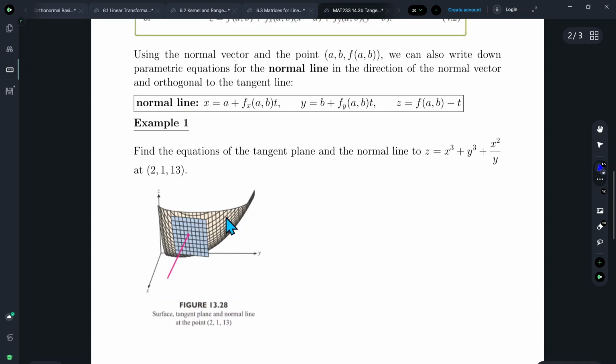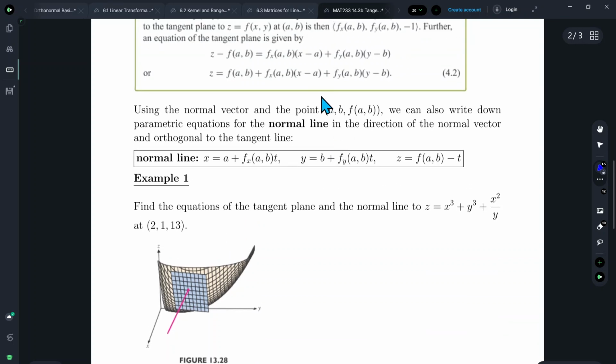So here, in yellow is the graph of some function. In blue here is representing the tangent plane to this graph at this particular point. And the pink line that's going through the tangent plane like this is the normal line, which is orthogonal to both the tangent plane and the graph at this point.